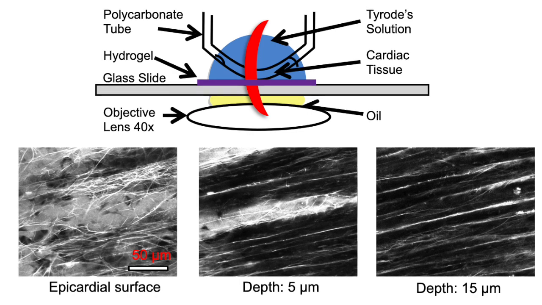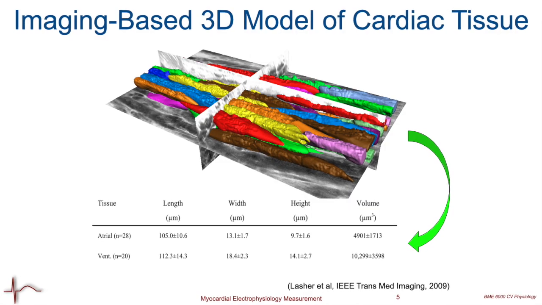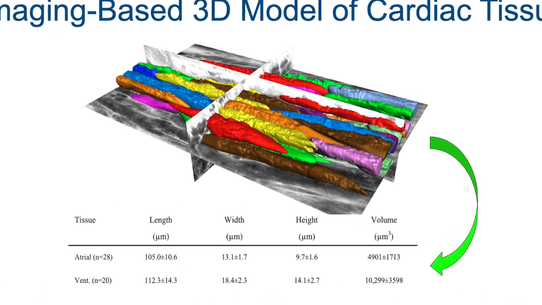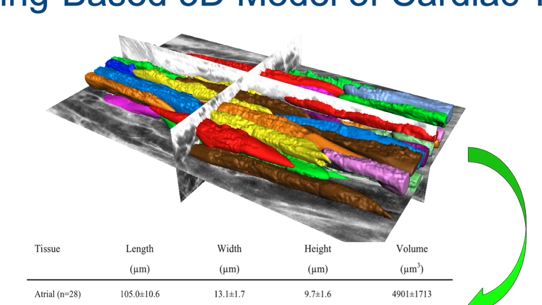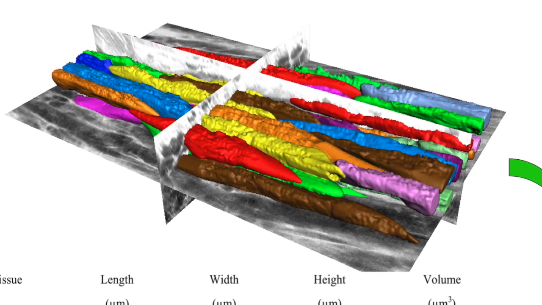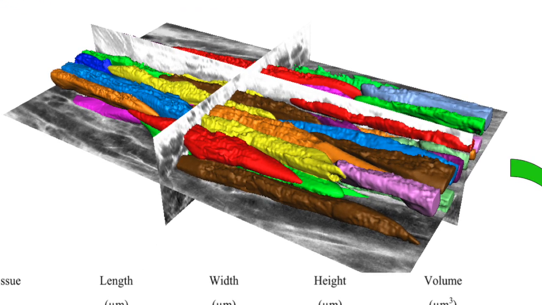And the interesting thing here is they're able to take superficial measurements on the epicardial surface and then move down through the tissue in steps and ultimately reconstruct 3-dimensional tissue structures. And here you see a picture they made of individual myocytes in different colors, bundled together to make a small slice of myocardial tissue.